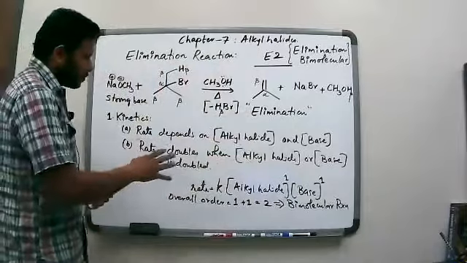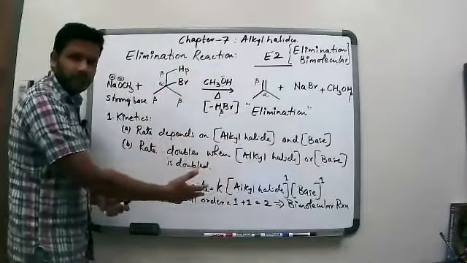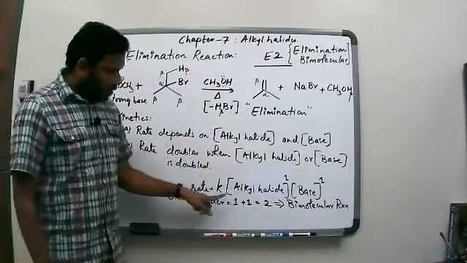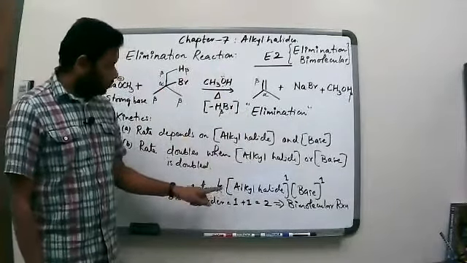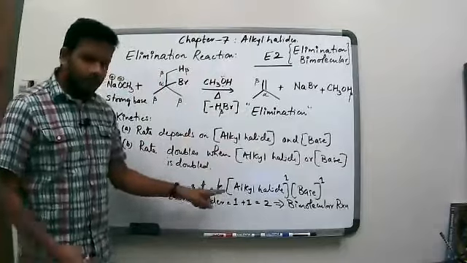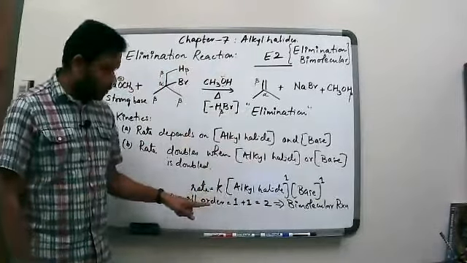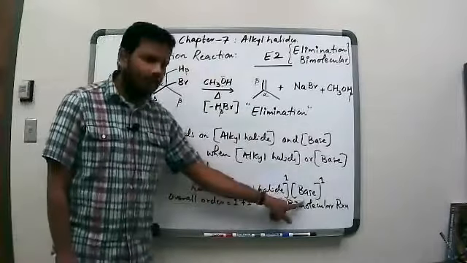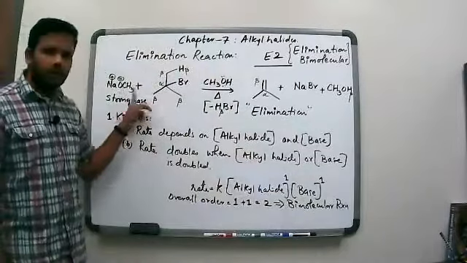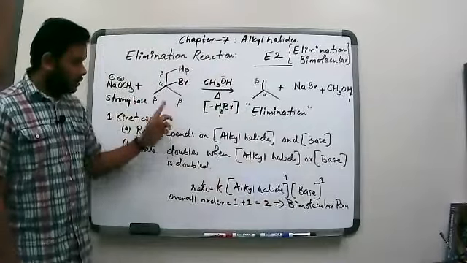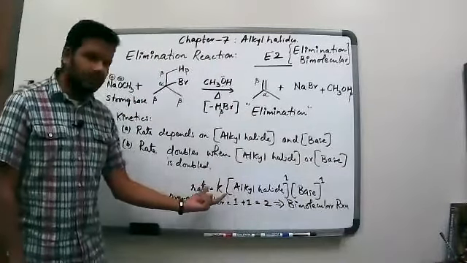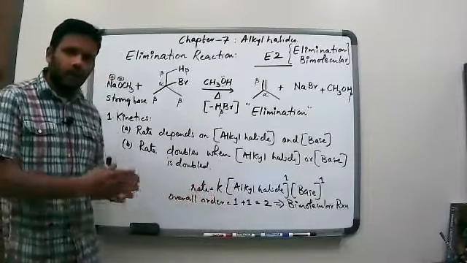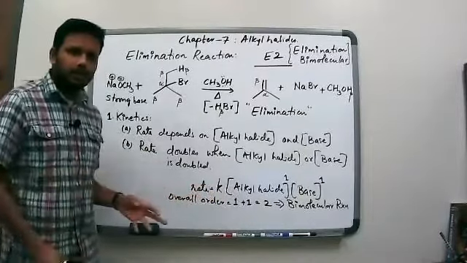Now, the kinetic data basically helps us to predict the mechanism. Again, compare it to the SN2 reaction. What we're seeing here is that the rate depends on the alkyl halide and the base. Those are our two reactants. And since these are both present in your rate determining step, because this rate law always relates to your rate determining step in some sense.